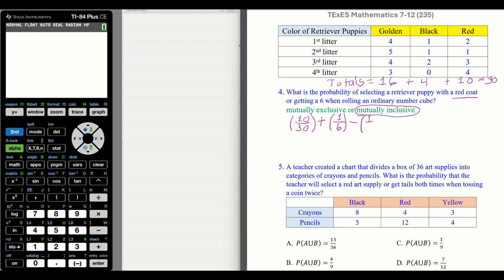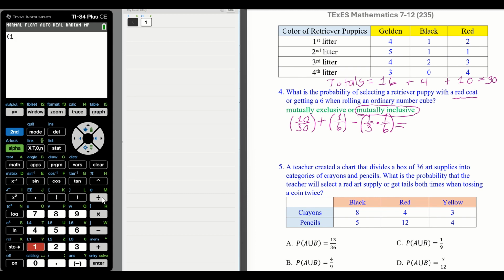So that's going to be 1/3 times 1/6. Let's put that in the calculator exactly the way it is. Let's type it in with parentheses and exactly the way we see it to prevent issues with order of operations.